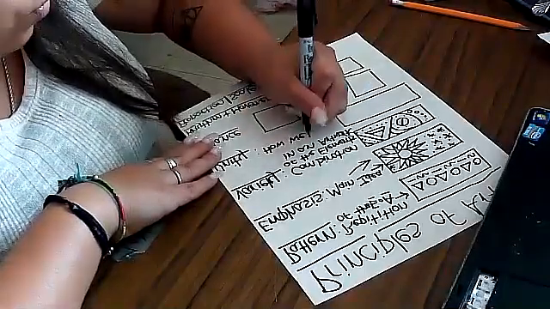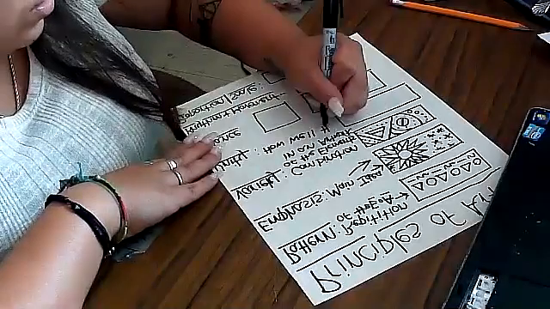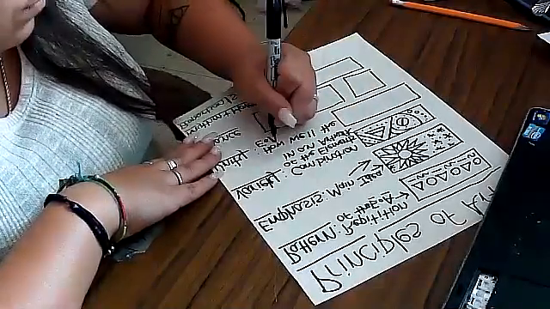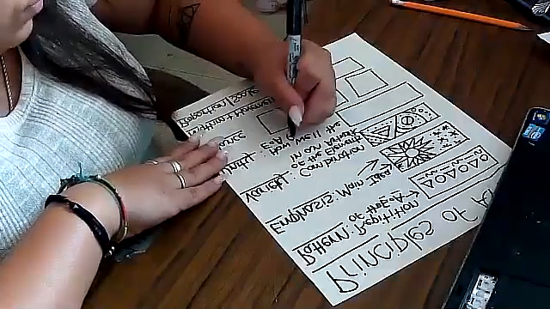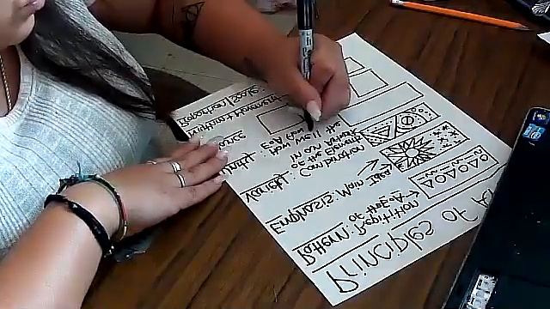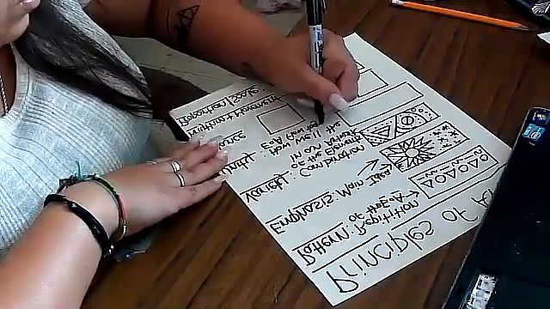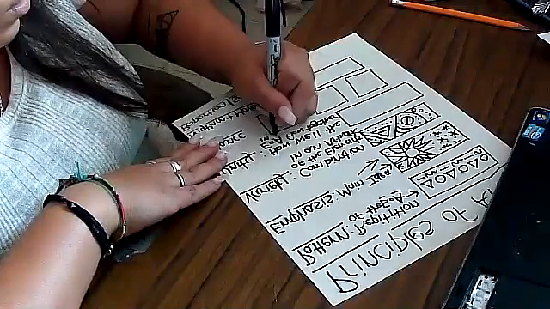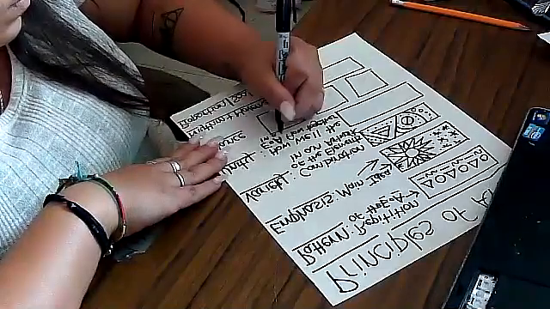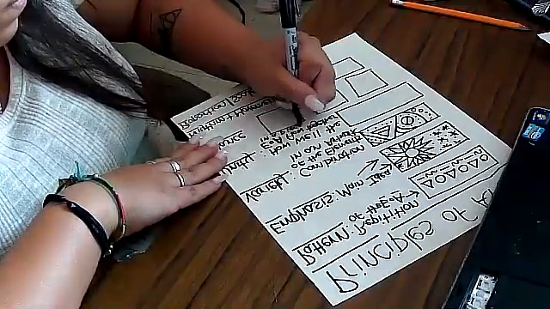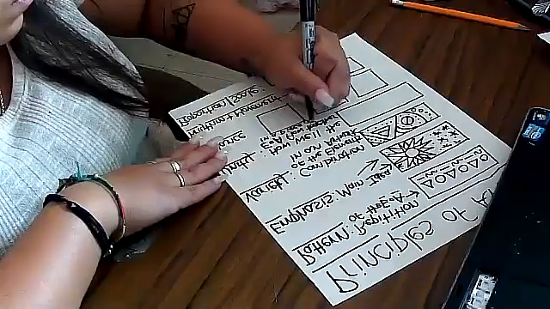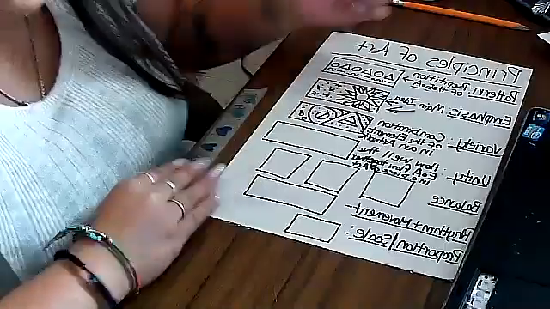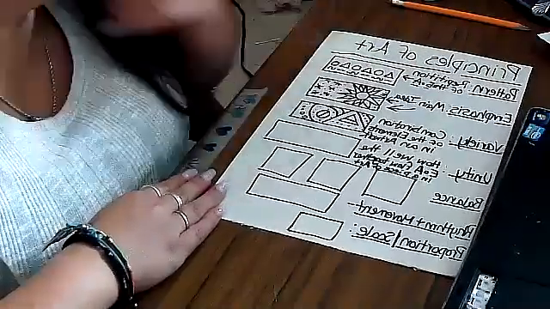All right, how well the elements, I'm gonna put EOA for elements of art, flow together in an artwork, in a piece of art. All right. So, how can we draw that? What's an example of unity?